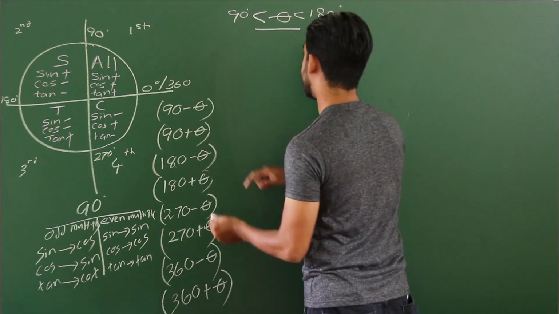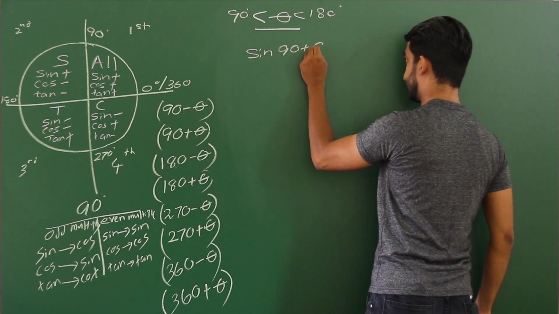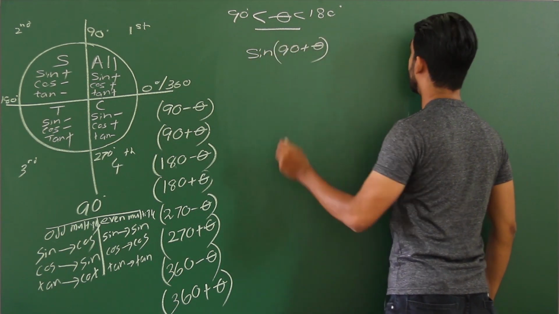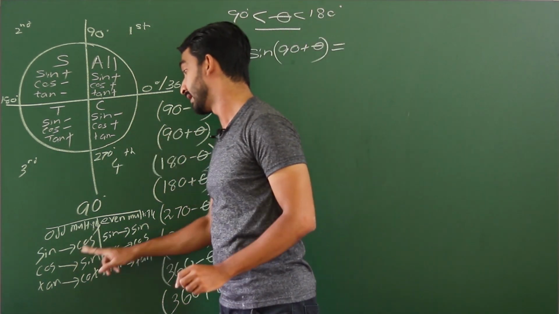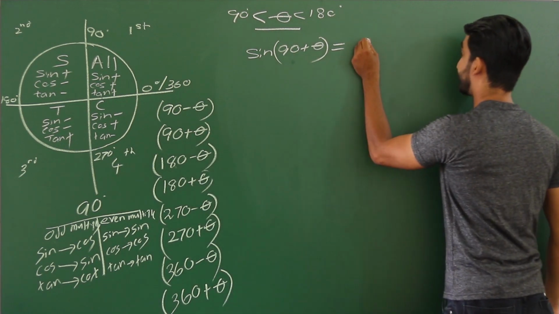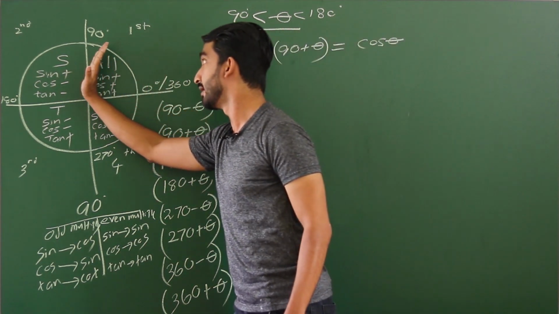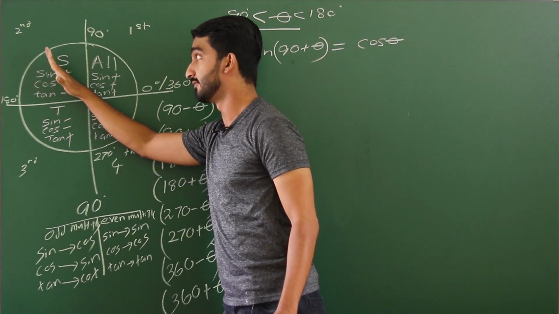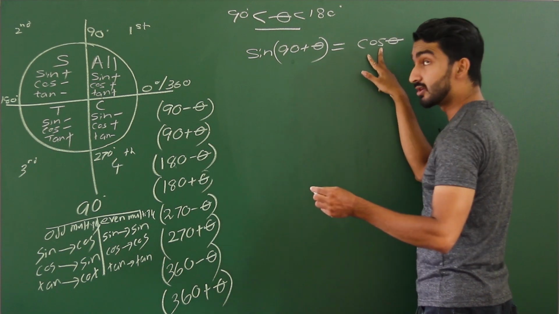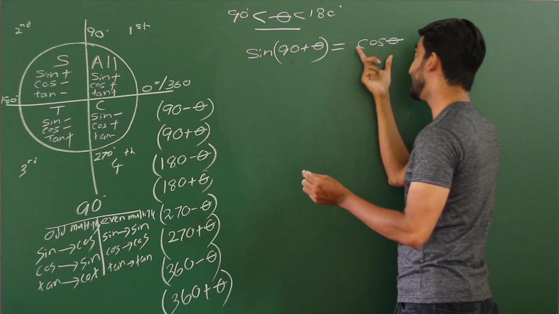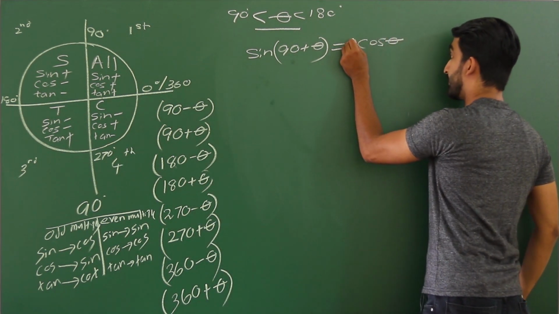Now sin 90 plus theta: dealing with 90, odd multiple, sine changes to cos, and 90 plus theta enters the sine area, where sine is positive. So sine is positive, we don't consider cos, we consider sine. This is just an answer, this is what we bother about. So this is plus cos theta.